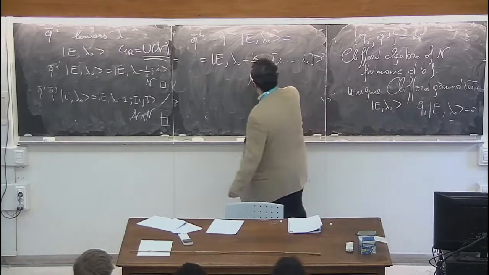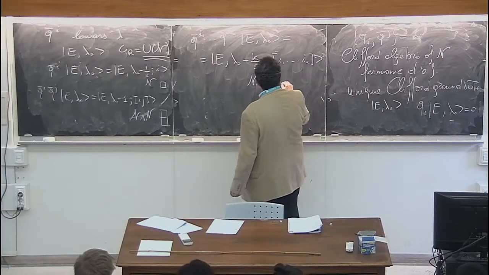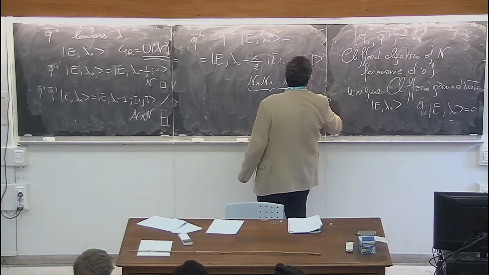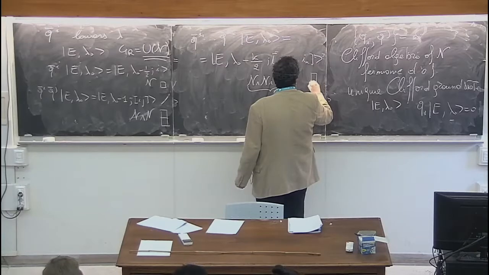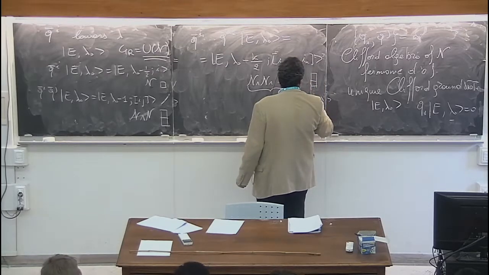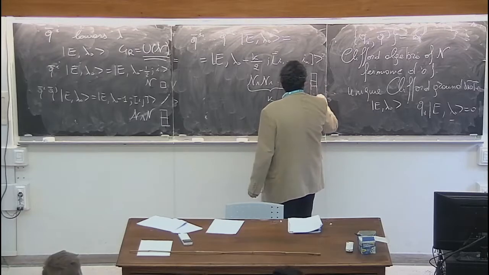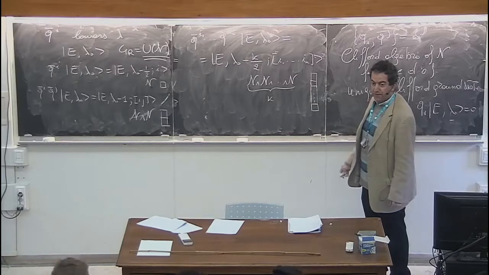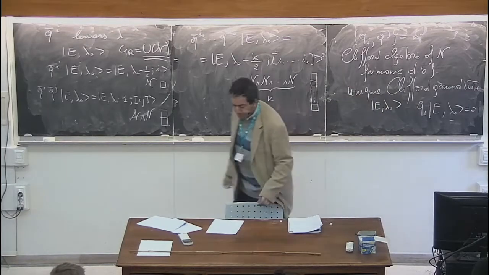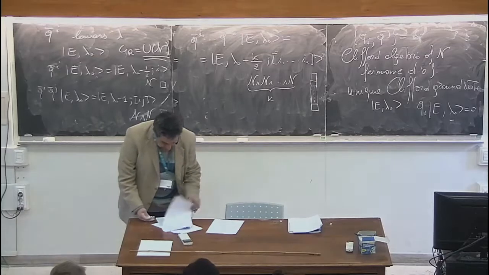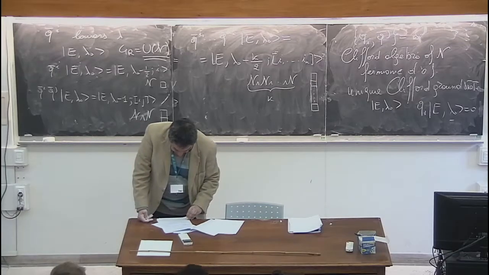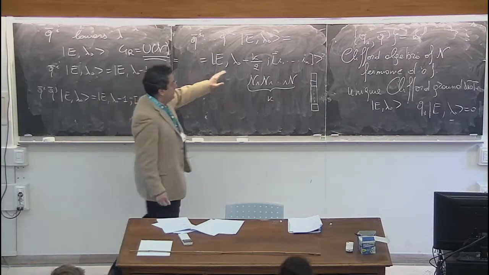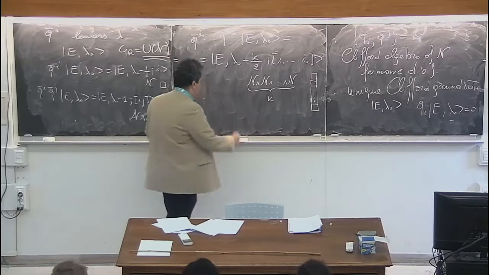So it belongs to the representation n wedge n wedge n, k times, which corresponds to this Young tableau with k cells. Clearly, first of all, how many of these states are there for each value of k?